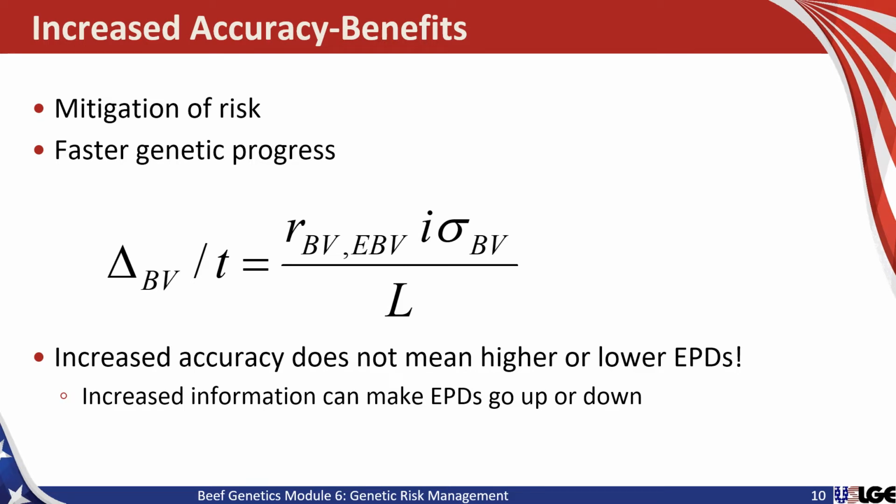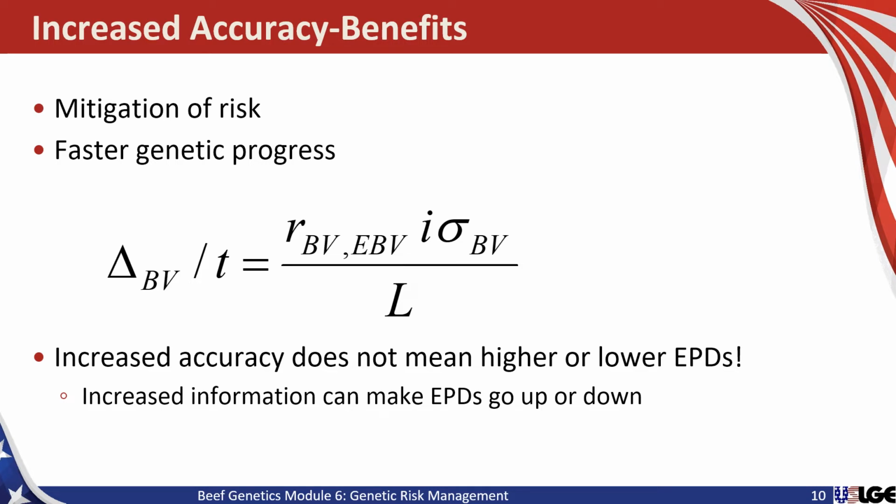And again, that's the correlation between the true breeding value and the expected breeding values. Obviously, reporting data or genomic information increases the accuracy. And as such, the tool we use in selection is more precise, and therefore we get more response to our selection effort. So the change in breeding value per unit time increases.